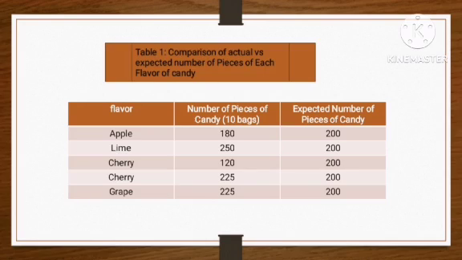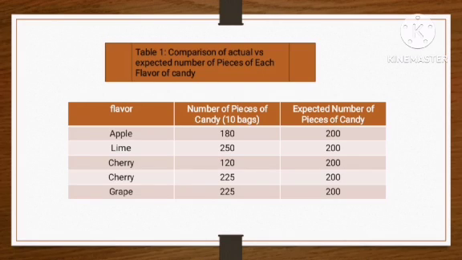Let's start by listing what we expect if each bag has the same number of pieces for each flavor. Above, we calculated this as 200 for 10 bags of candy. Table 1 is the comparison of actual versus expected number of pieces of each flavor of candy.